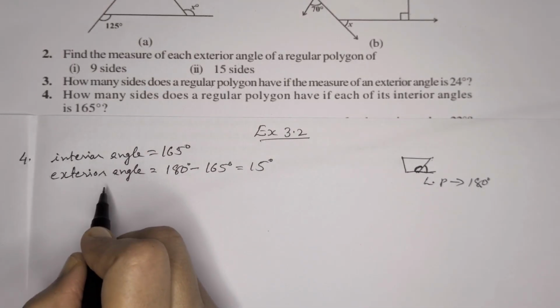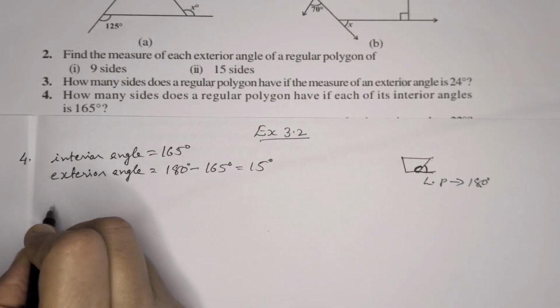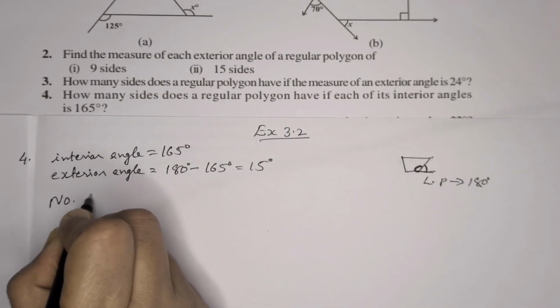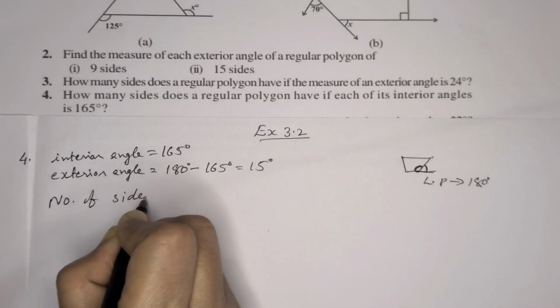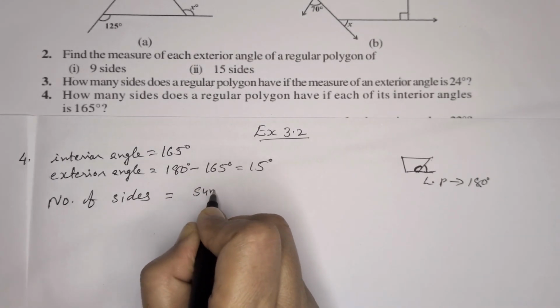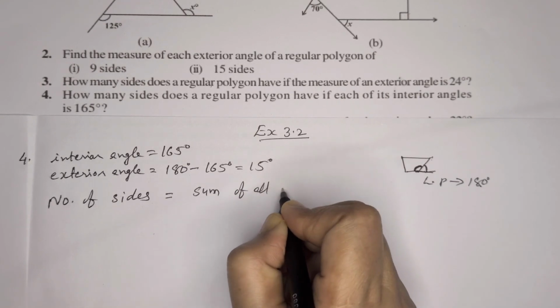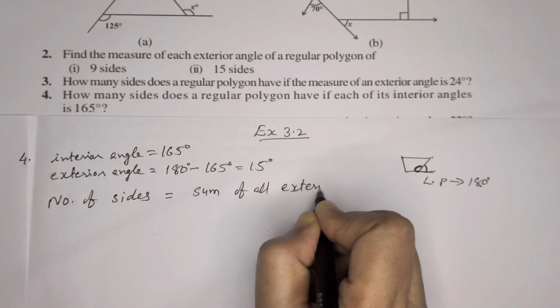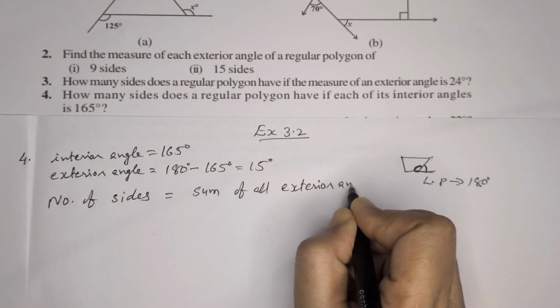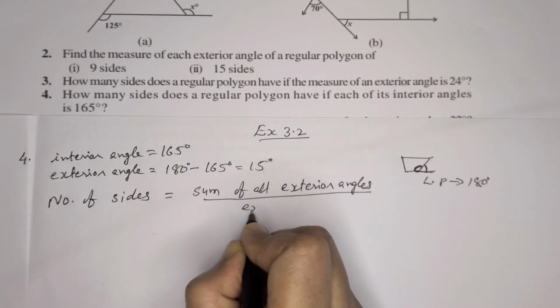Now we got the exterior angle. If we know the exterior angle, then we can find the number of sides. The number of sides for that polygon is equal to the sum of all exterior angles divided by the exterior angle.